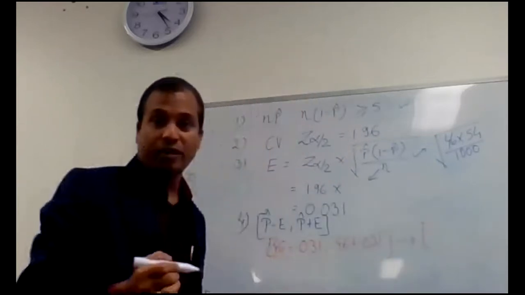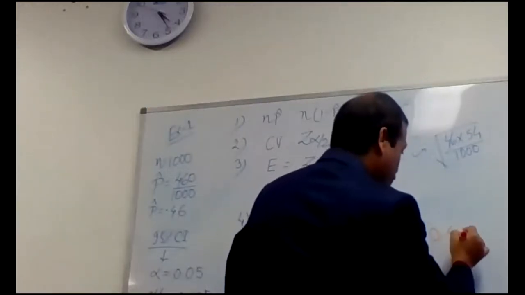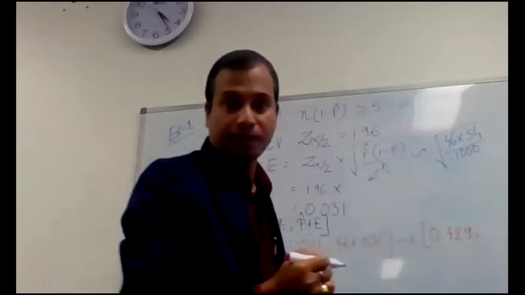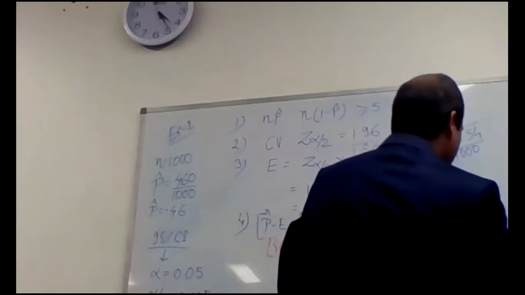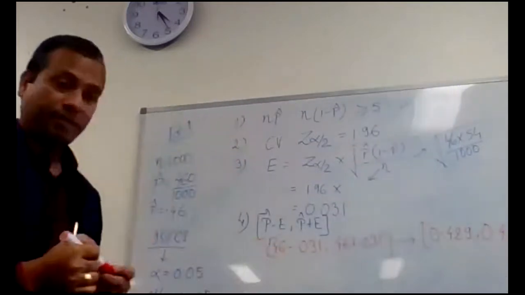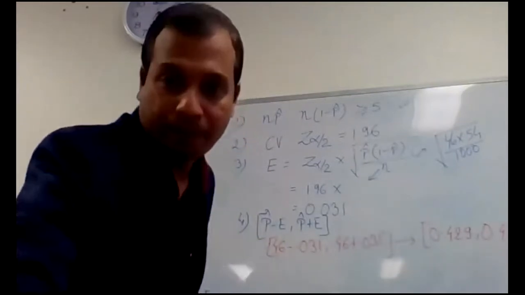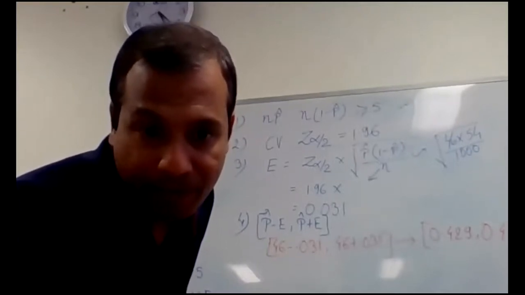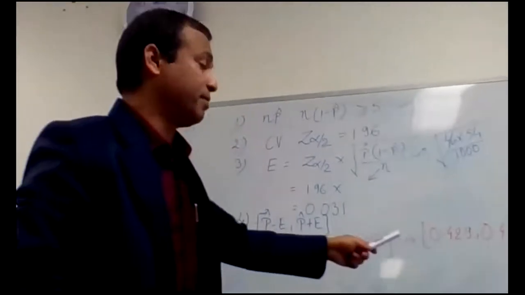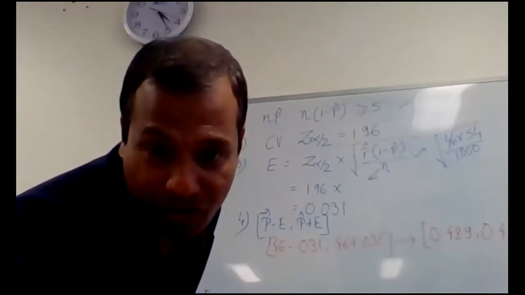You will get the confidence interval as 0.429 and 0.491. Try to match your answer with this one. You must get this interval. That is our interest, right? That's what they're asking in the question.